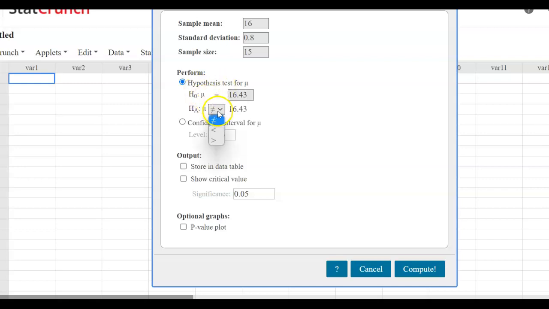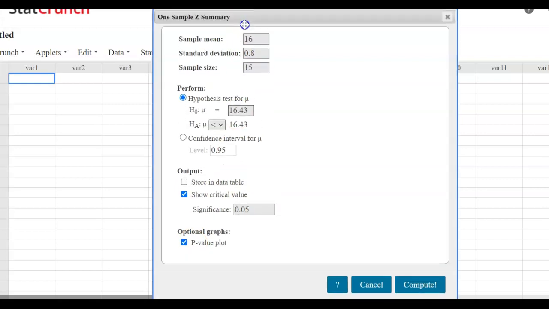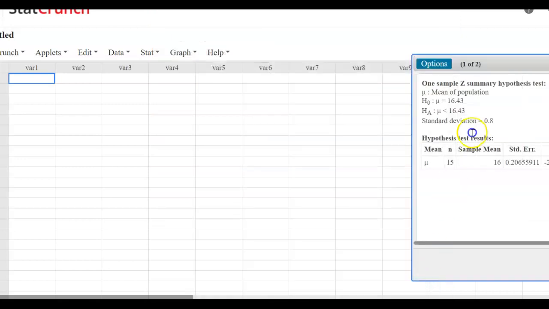And I want to run my test to be less than. Let's go ahead and show that critical value, make sure that I'm correct here with the significance level. And I wonder what happens when I choose the P plot here. Notice you didn't see that whole thing. And I'm going to say compute.